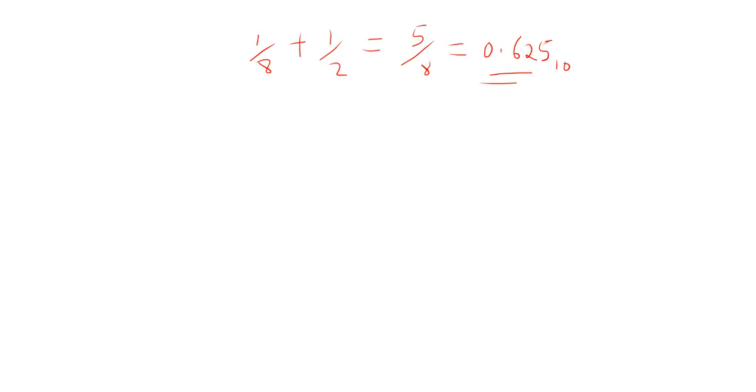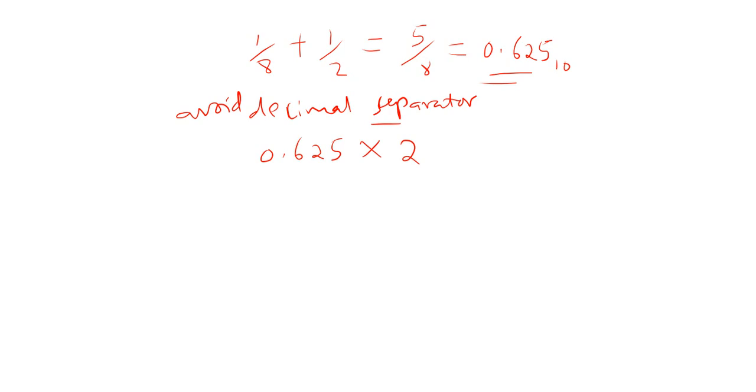Let's look at a simpler way to do this. We want to avoid the decimal separator. To avoid the decimal separator, we multiply the decimal number by the base raised to the power of the decimal places in the result. That is, we take the number and multiply by 2 raised to power 3.